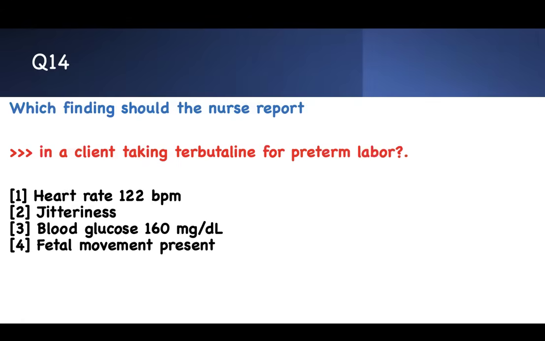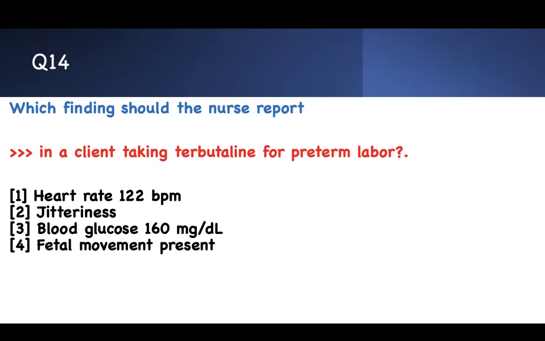In a client taking terbutaline for preterm labor, which finding should the nurse report? Which one would you report? It's a beta agonist, right? No asthma problem, nothing like that. It speeds things up. So a heart rate of 122 is okay, jitteriness, blood glucose of 160, and fetal movement is present. Which one would you report?